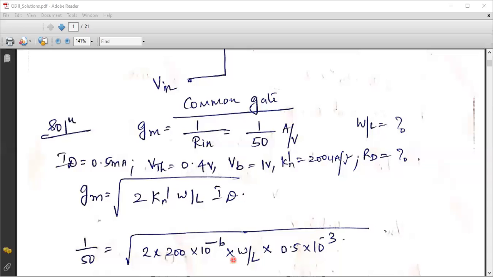I want everyone to solve this, because unless you practice, it is going to be very difficult. So solve it, square on both sides, rearrange it, and solve for W by L, and put your answer in the chat box. Yes, good, Nivedita. Others also, please post your answers in the chat box.